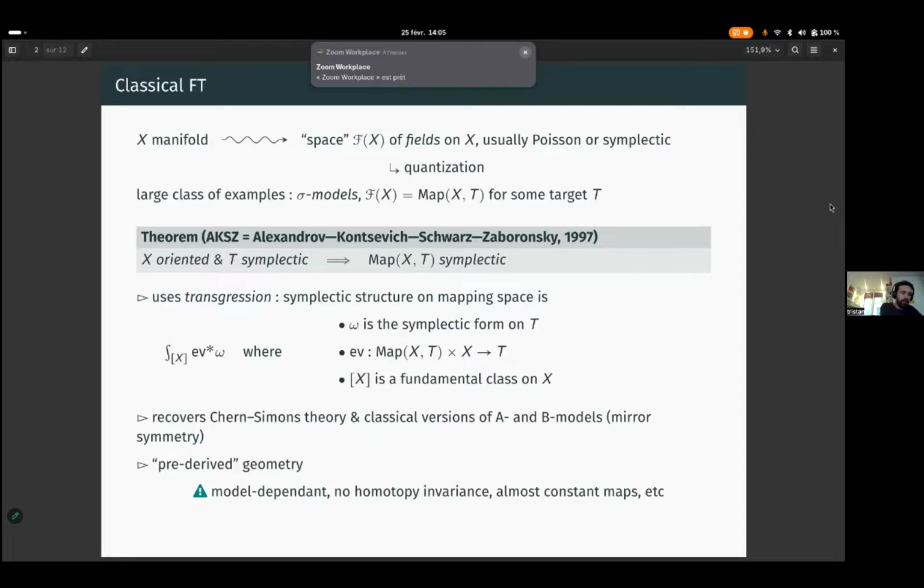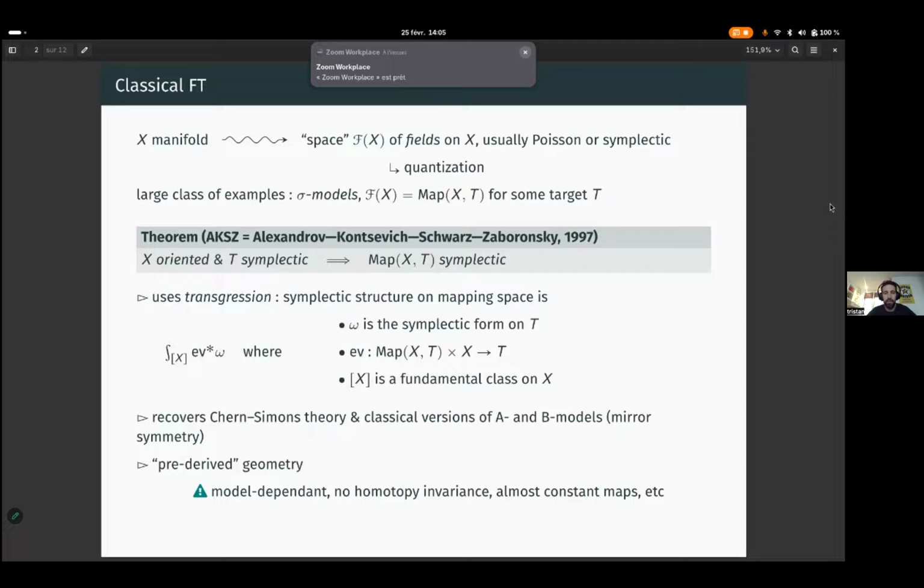I won't talk about quantization much today, so that's probably the only time I say the word. A large class of examples come from what physicists call sigma models, where the space of fields looks like some kind of mapping space from our given manifold X to some target T.